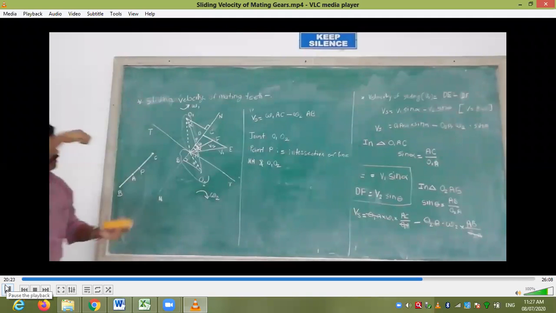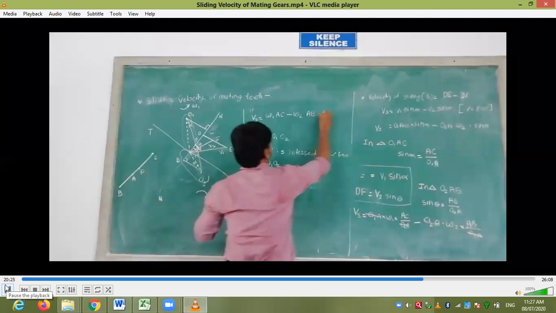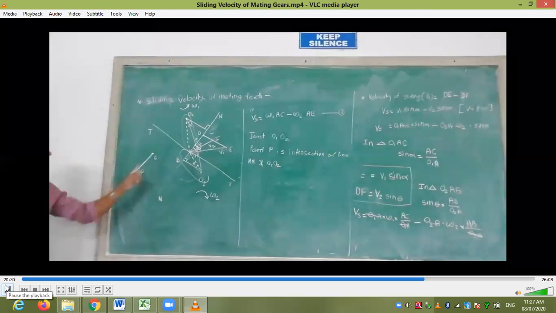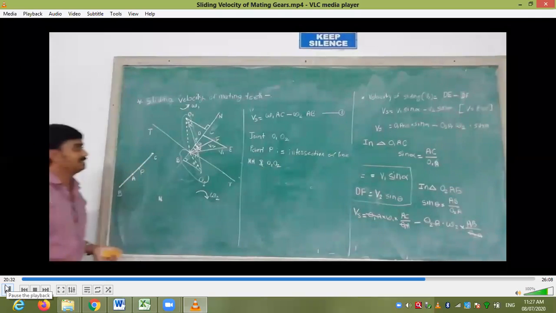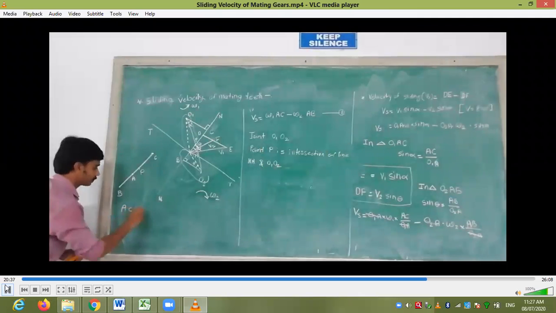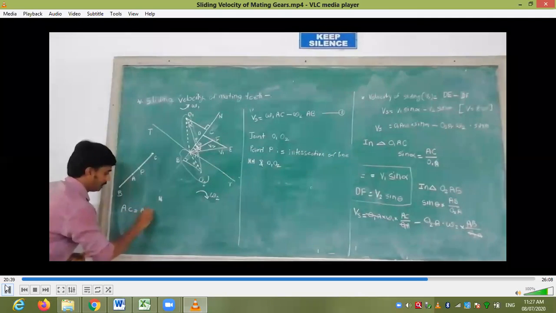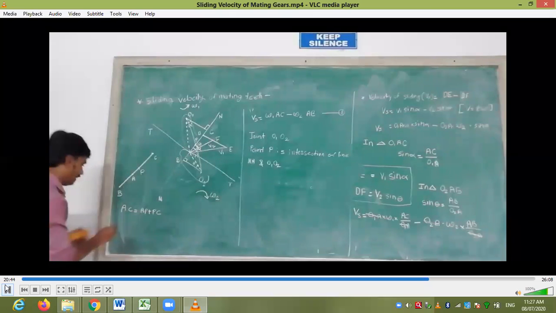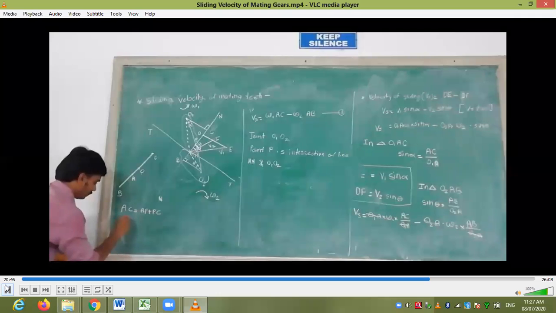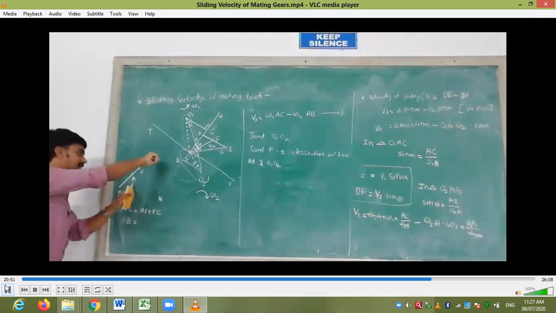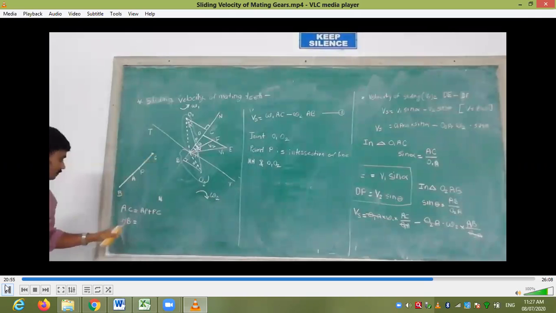Okay. Now if we mark this as equation 1, we can divide AC. AC is equal to AB plus BC, the summation of AB and BC.